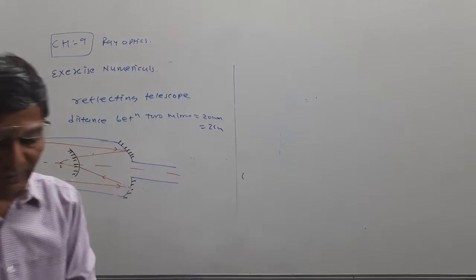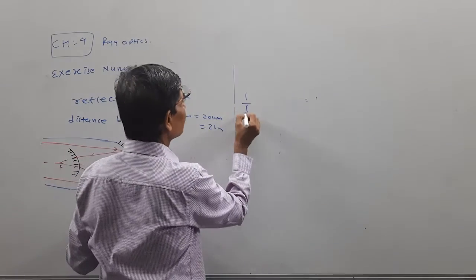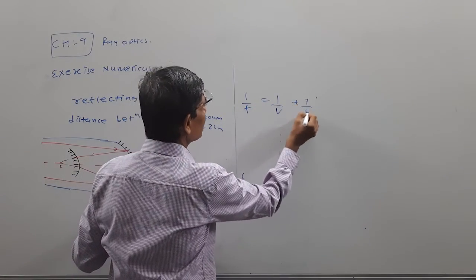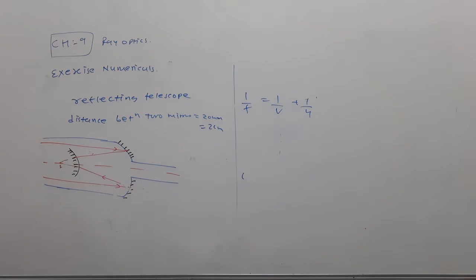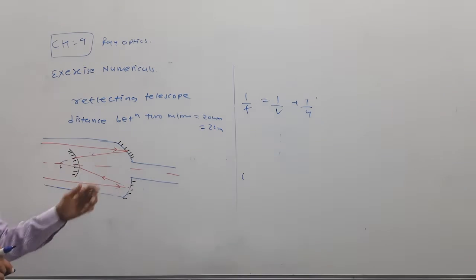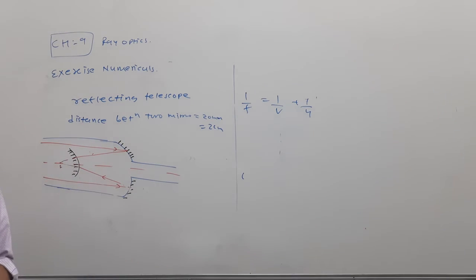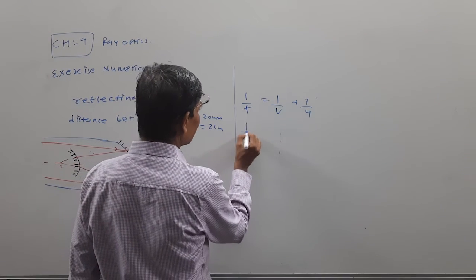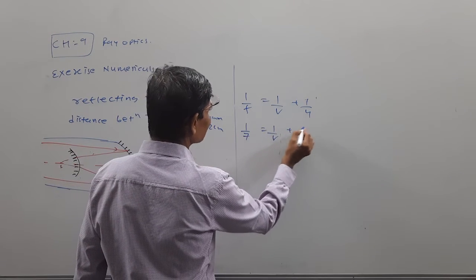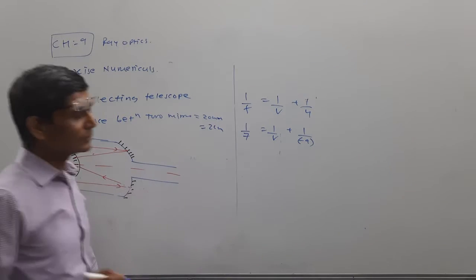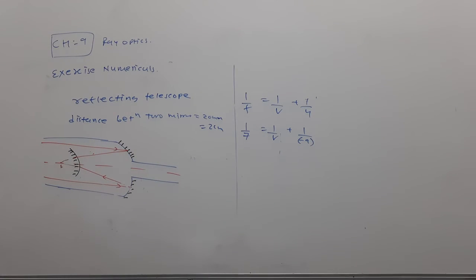What is our mirror formula? 1 by f is 1 by v plus 1 by u. Now this is the image from the second mirror. For the convex mirror, f is positive, u is minus 9.